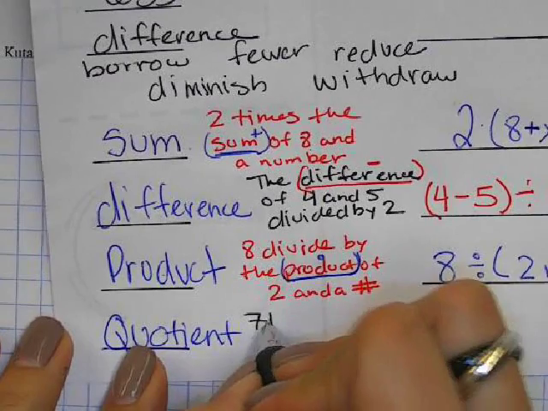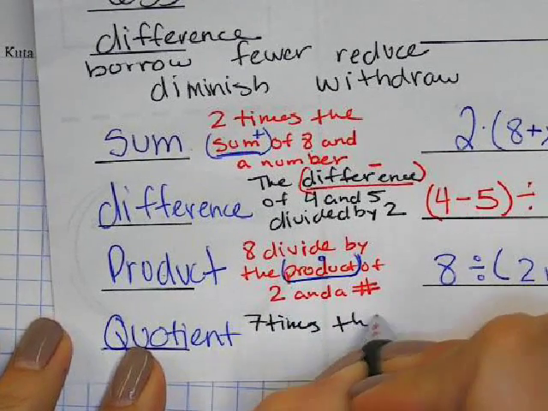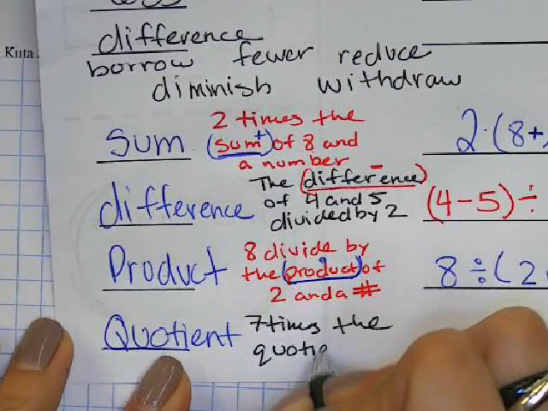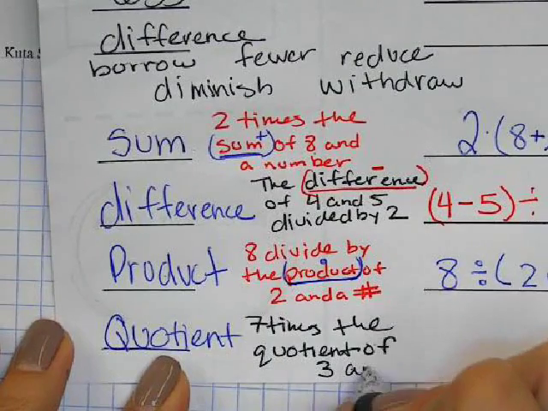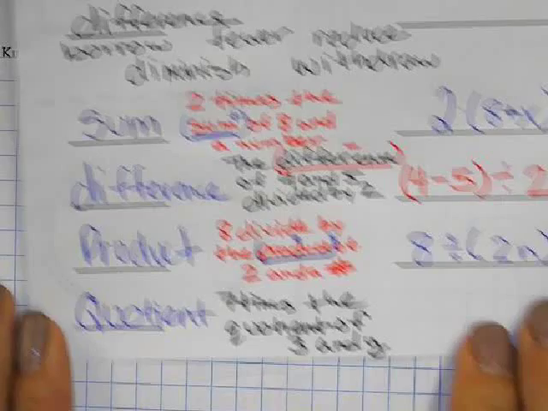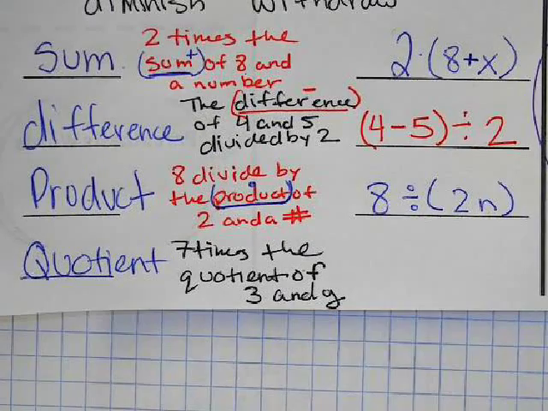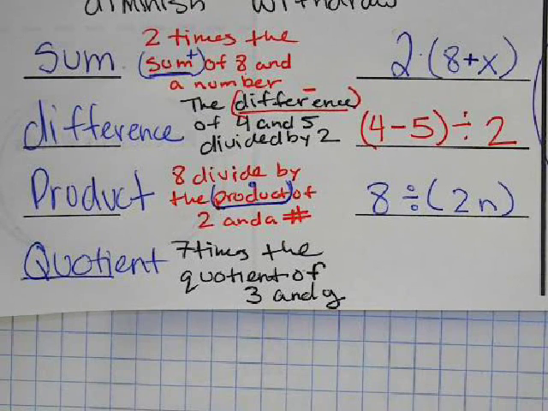All right. 7 times the quotient of 3 and y. 7 times the quotient of 3 and y. Yeah, you want to. After parentheses.